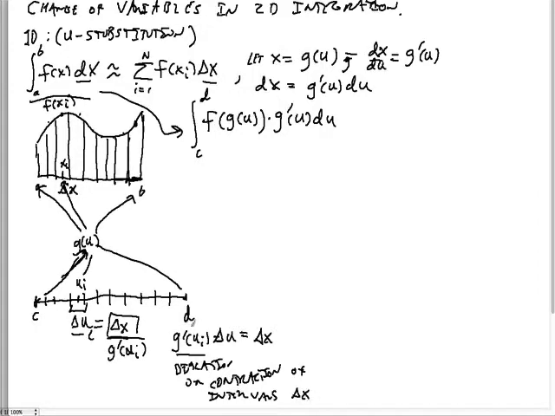So if g prime is big, essentially the delta u's will be smaller than the delta x's because we're going to divide by a big number, and vice versa for small. And the idea is that by doing this, this integral may be easier to compute.